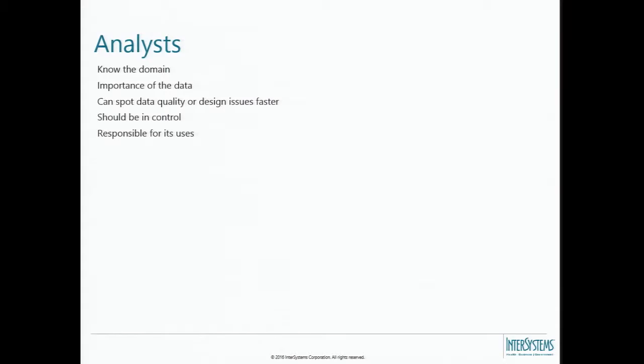So me as an implementation person, as far as I'm concerned, anything that's going through Ensemble is just a payload, and I'm trying to get stuff from point A to point B, versus the analyst, who knows much more about the importance of being able to spot any errors in the information, any inconsistencies, and they should be in control of what the output looks like and spotting any errors in the source data. There are cases where people make a change and suddenly that information is wrong, incompatible, and they have a much better idea of what it should look like. And they should be in control because essentially if they're doing the statutory reports, then they're responsible for the output.